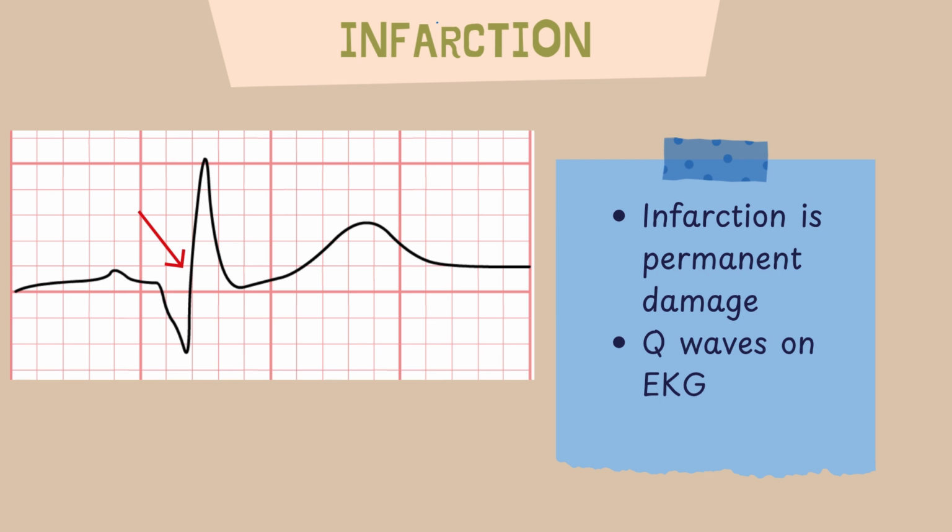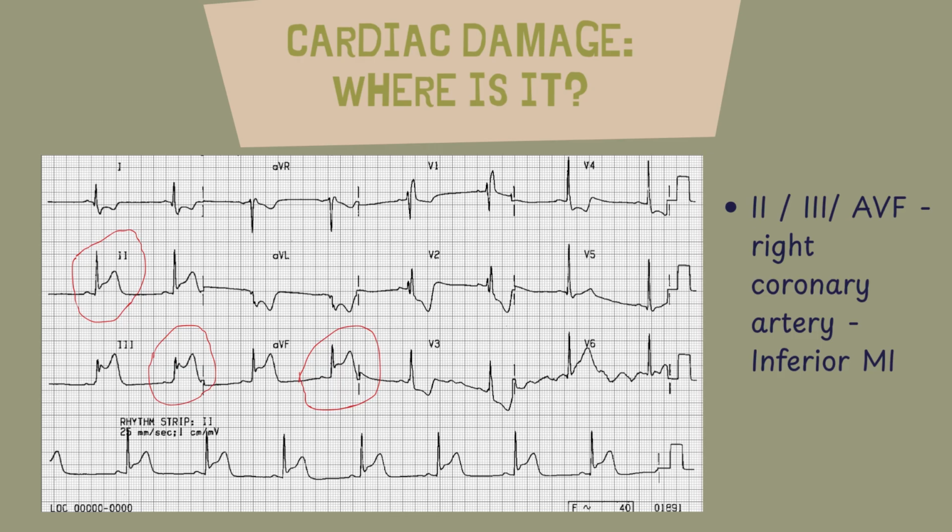But in the acute phase, what alerts us is still that ST elevation, especially if it matches a coronary artery territory and the patient has symptoms. So speaking of territories, understanding which leads correspond to which area really helps us pinpoint where the damage is happening. So let's review. If we have ST elevation in leads 2, 3, and aVF, that's our right coronary artery.